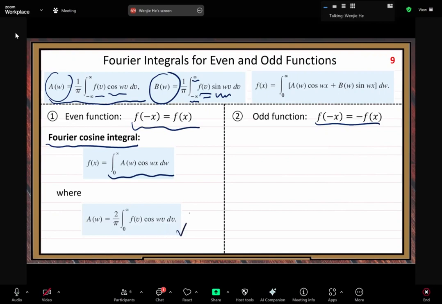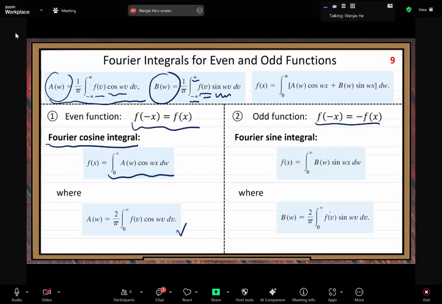So the A function is gone, and we only have the B function term, as defined before. So those are the two special cases for the Fourier integral formulas, pretty straightforward: the general version and the two simpler versions.